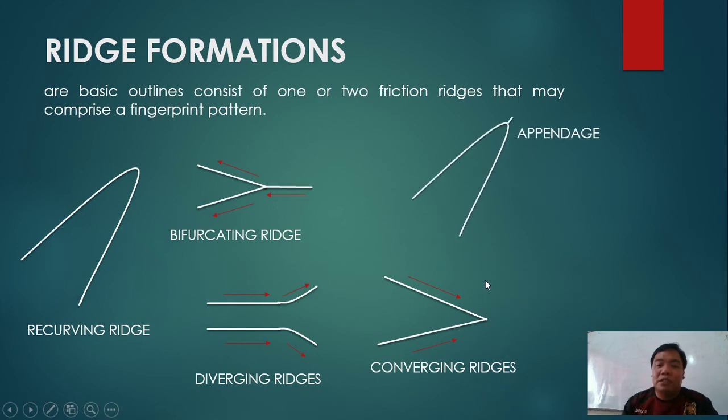Next, we have the appendage. An appendage is a short ridge located at the sufficient recurve of a recurving ridge. Take note, a recurving ridge is composed of a single ridge only, but it creates a sufficient recurve and then returns to the direction from where it started.